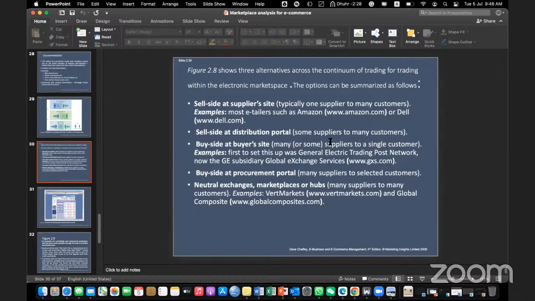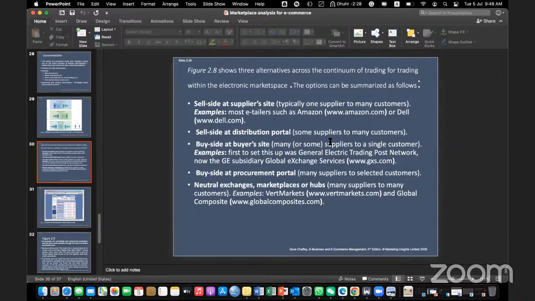Sell side at distribution portal, some suppliers to many customers. Buyer side at buyer's side, many or some suppliers to a single customer. Example, the first to set this up was General Electric Trading Post Network, now the General Electric subsidiary Global Exchange Services.